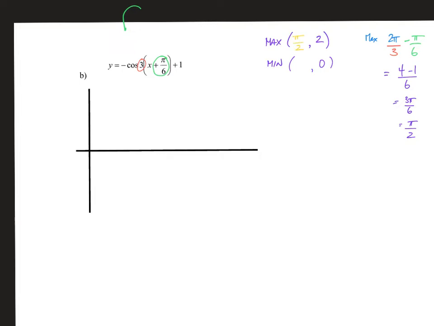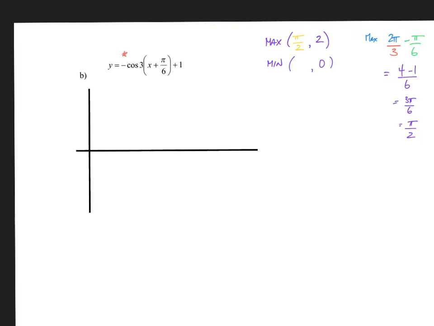And maybe you can see that I just fell into my trap. That is by far the most common mistake that you're going to make if you use this approach. Maybe you can see it. I want to go back and highlight something that I asked you to highlight in the equation originally, that being that negative out in front.